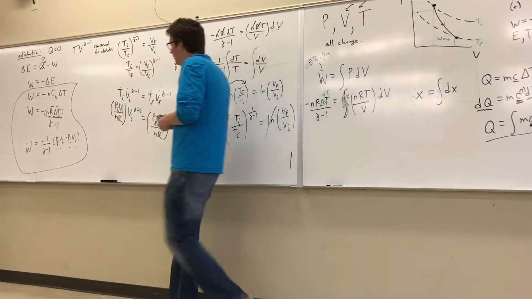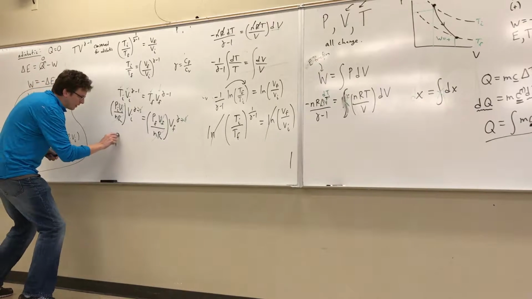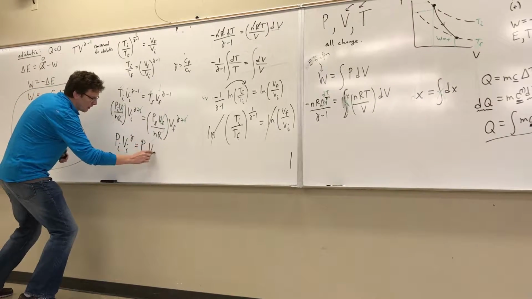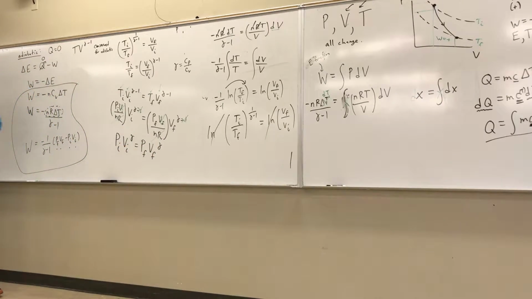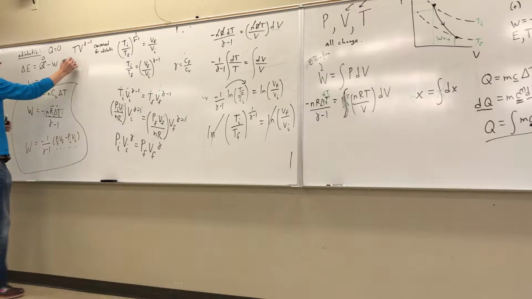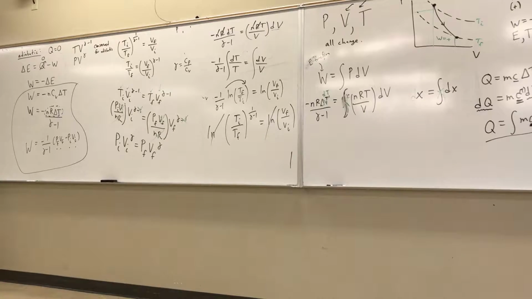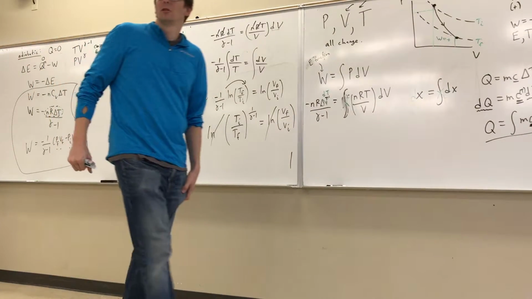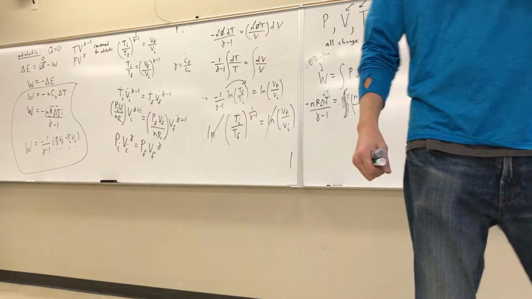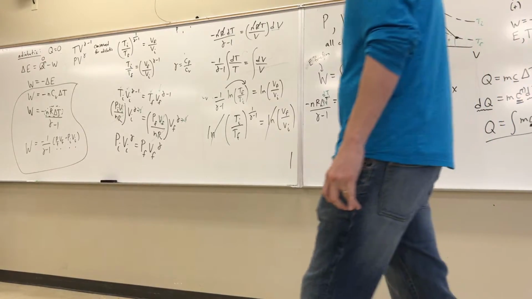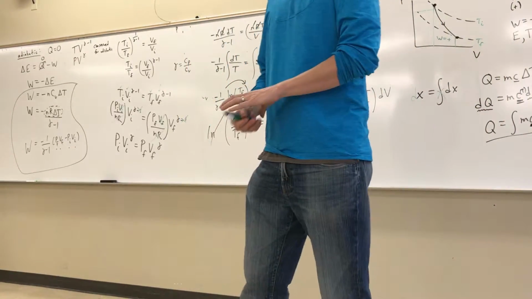So I have P initial, V initial to the gamma is P final, V final to the gamma. So I have another way of expressing a quantity that's conserved for an adiabatic process: P times V to the gamma power. Yes, super awkward, but it is conserved. Does that make sense?